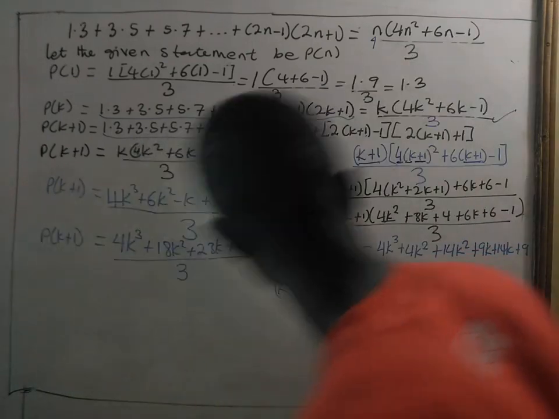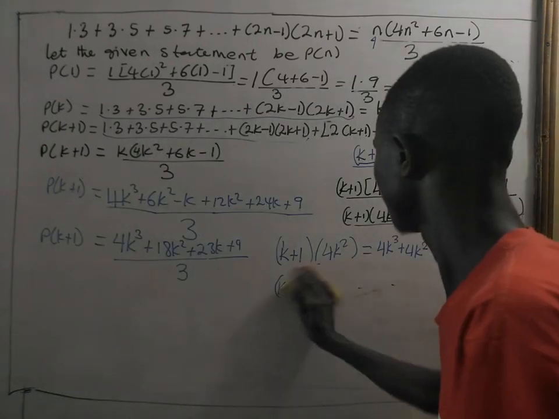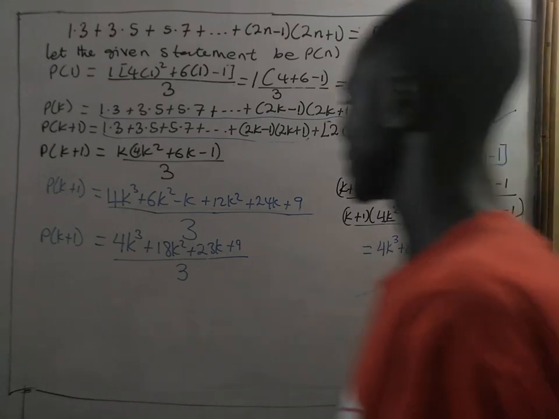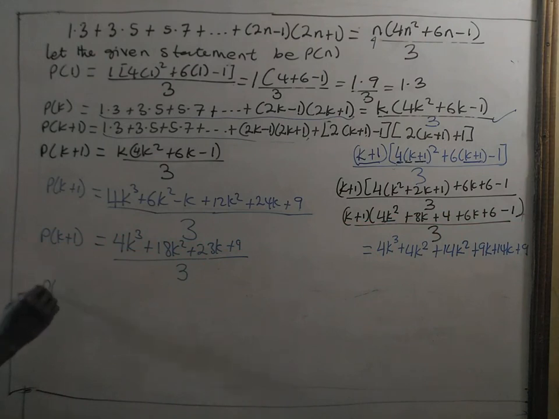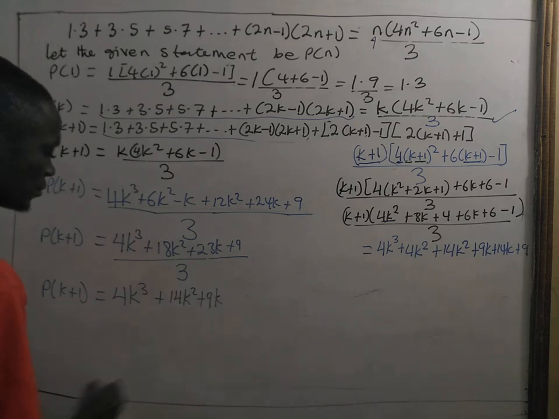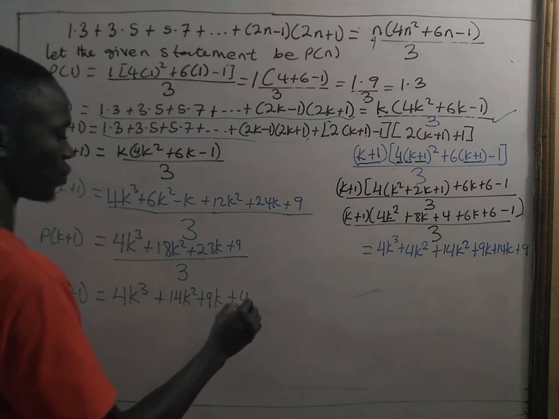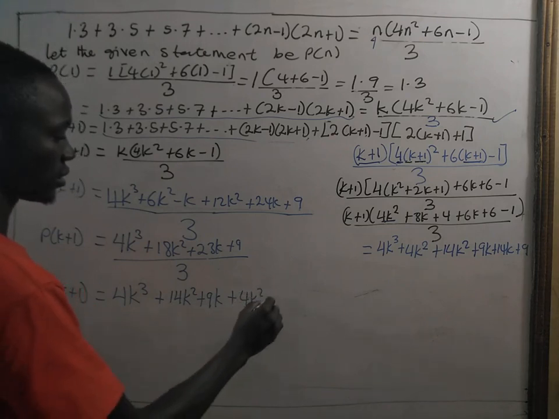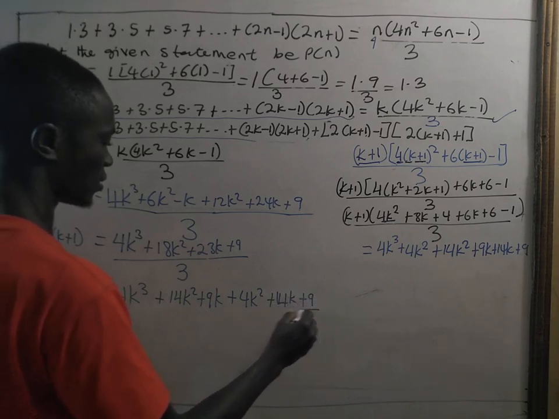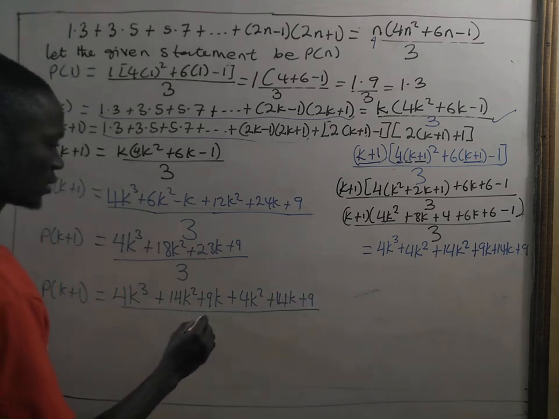Now, how do we proceed? Now that you've been able to expand, let's write it here. So we have pk plus 1 equal to 4k cube plus 14k squared plus 9k plus 4k squared plus 14k plus 9, all divided by 3.